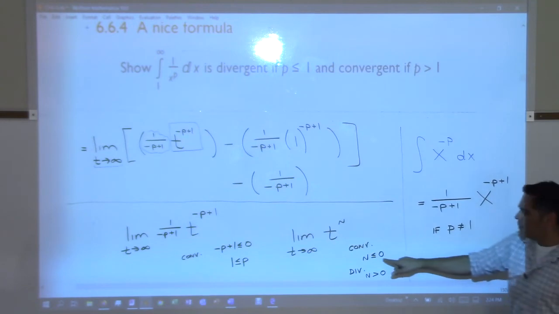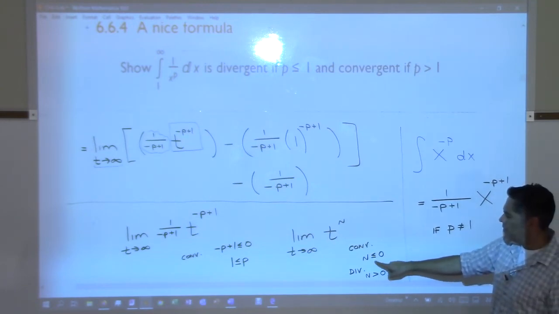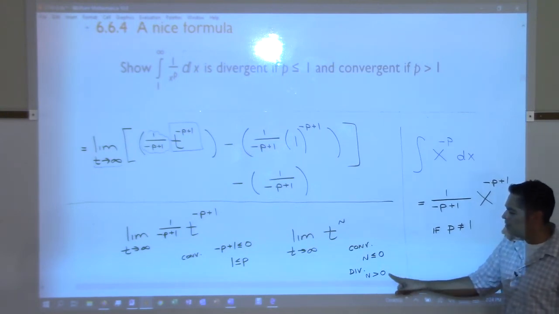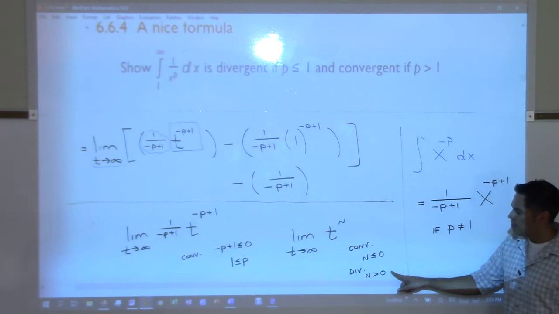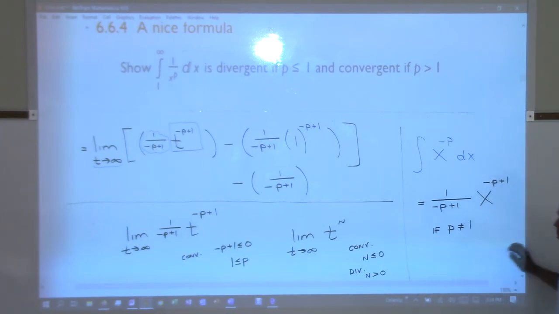But this right here, it converges if n is less than or... wait, was this 1 or 0? Hold on, go back to this. It was 0? Yeah, that's correct. So we have the one that converged to 1 and one that converged to 0. Yeah, but they both converged.